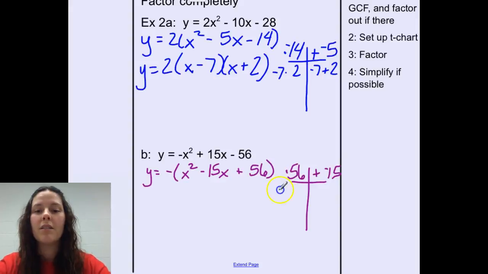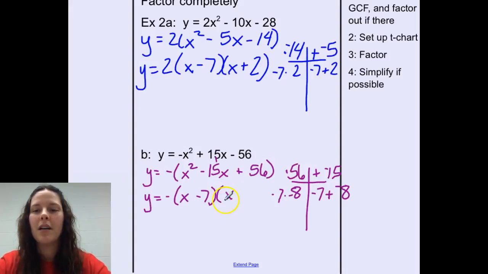Two numbers that multiply to 56 are 7 and 8, but we're multiplying to a positive and adding to a negative, so both of our numbers should be negative. Negative 7 plus negative 8 is negative 15, so that checks out. Factoring this by keeping that GCF of negative 1. And we have x minus 7 times x minus 8.